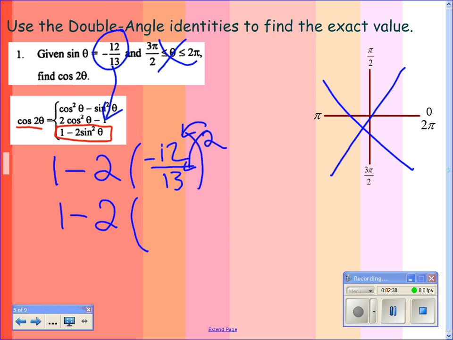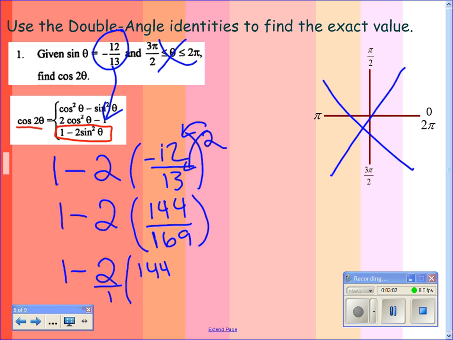So negative 12 squared is positive 144, and 13 squared is positive 169. Now we'll start at the beginning again, 1 minus, that's basically 2 over 1, so we're going to multiply 2 over 1 times 144 over 169.